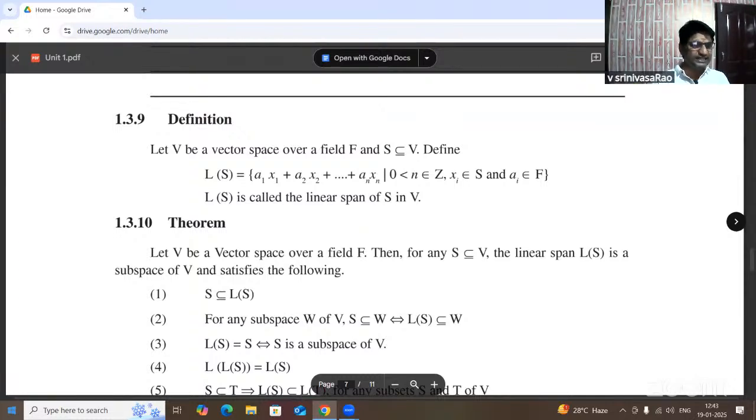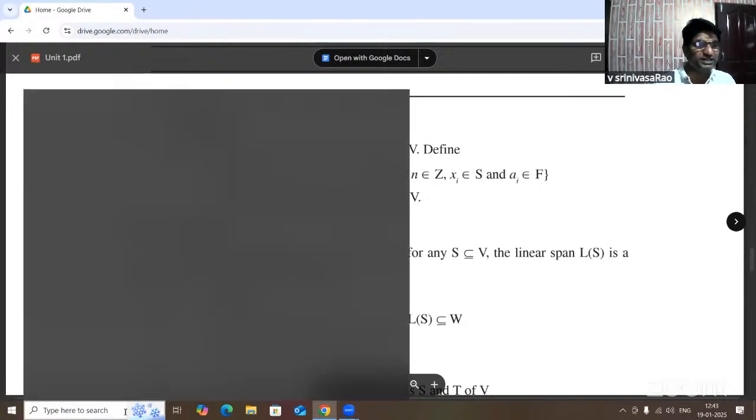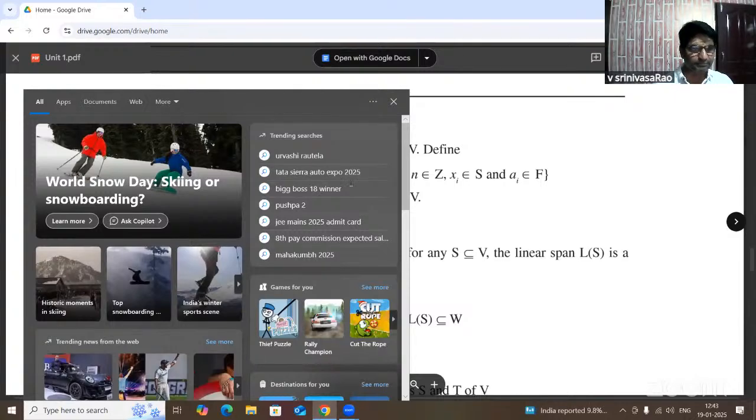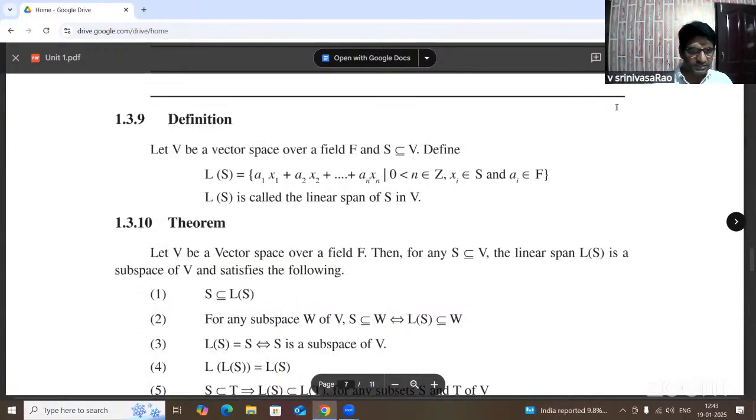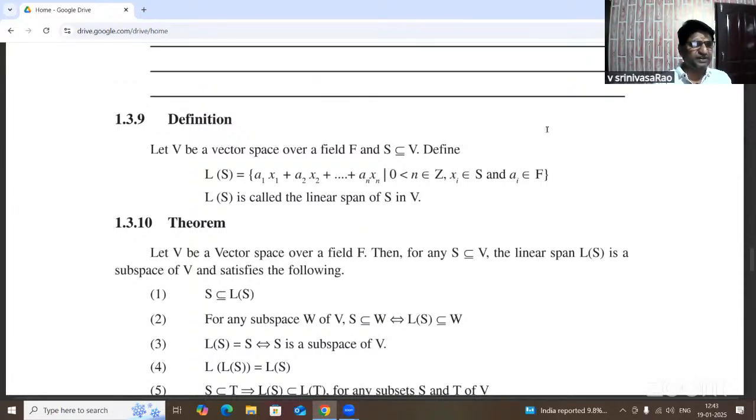Okay, now let us see this definition 1.3.9. The definition is linear span. What is the linear span? Okay, see here. Let V be any vector space over the field. Just suppose capital S is any non-empty subset of the vector space.